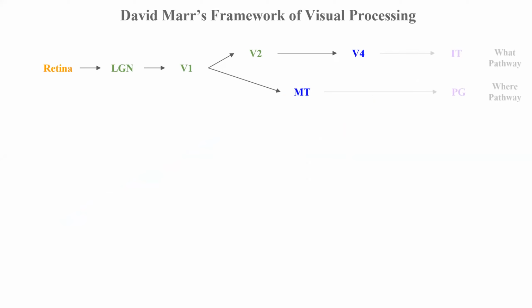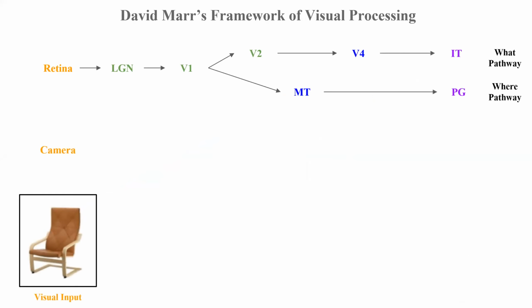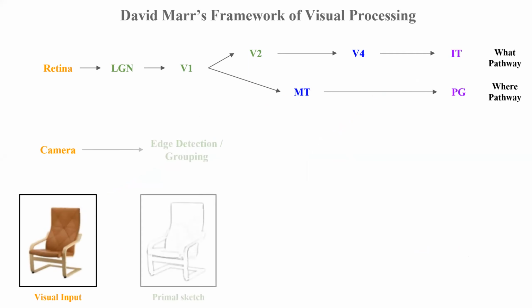The computer vision community has been largely inspired by David Marr's theory, going from the retina, to V1, V2, and then the dorsal pathway and the ventral pathway. In David Marr's theory, we have the input image, and then the primal sketch that performs basic feature extraction or edge extraction.